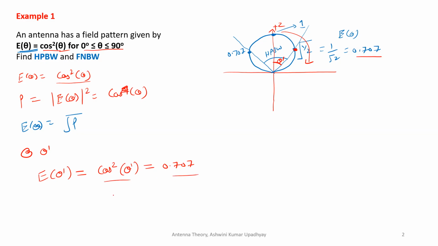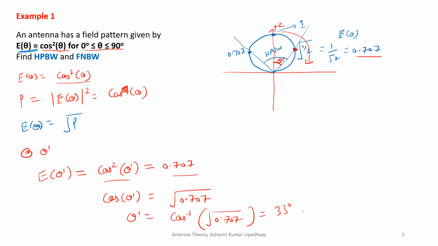You have to calculate cos theta dash is equal to under root 0.707. And if you take inverse, you will get theta dash is equal to cos inverse under root 0.707, which will be equal to how much? 33 degrees. So you got your theta dash as 33 degrees.